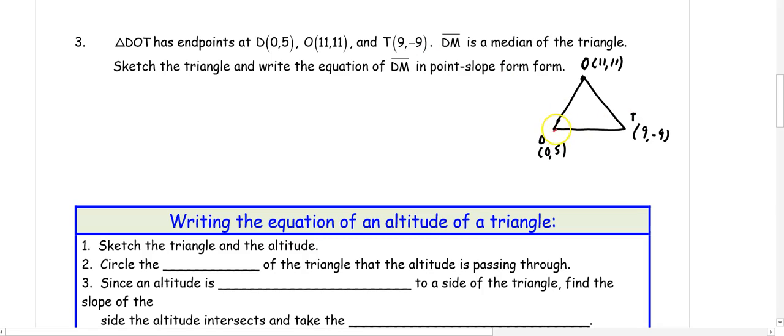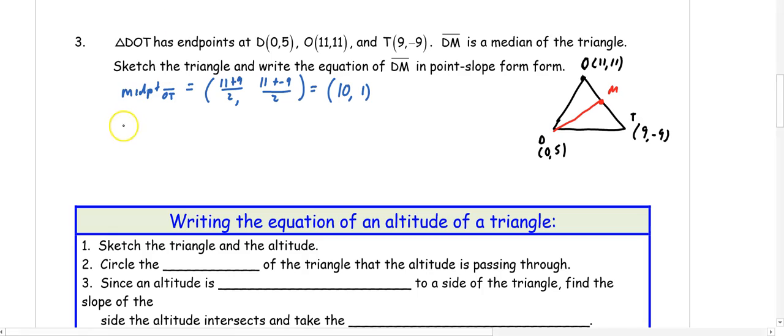So I'm going to draw from D to create my M on the opposite side. So first thing I need to do is find the coordinates of M, which is the midpoint of OT. So I have 11 plus 9 divided by 2, and 11 plus negative 9 divided by 2. So 11 plus 9 is 20, divided by 2 is 10. 11 plus negative 9 is 2, divided by 2 is 1.